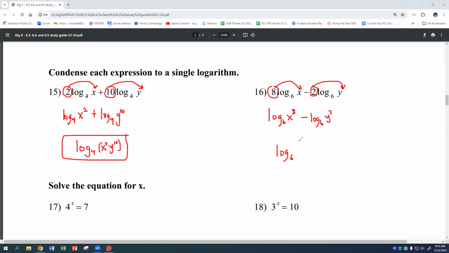So we have the same base. Okay, this time instead of multiplying, the subtraction means we're going to divide x to the 8th divided by y squared. And there's our final condensed answer. So this is the exact same thing as the original. It's just written in a condensed form.